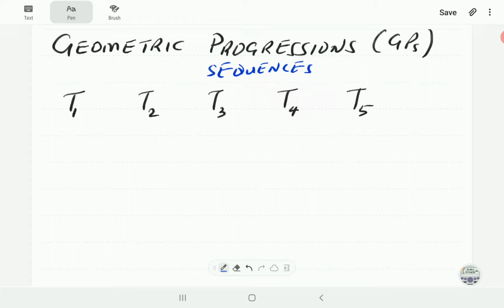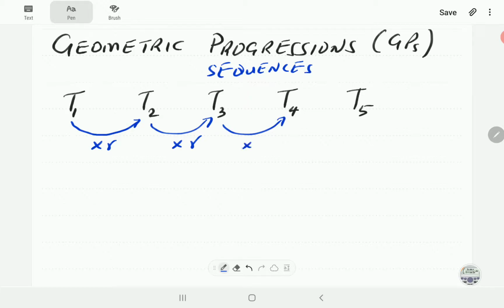So a sequence is a geometric one if the second term is obtained by multiplying the first term by some number which we're going to call r, and the third term is obtained by multiplying the second term by the same number r.